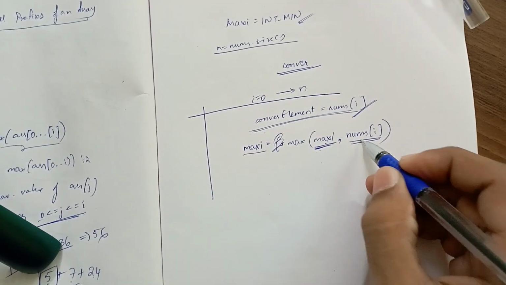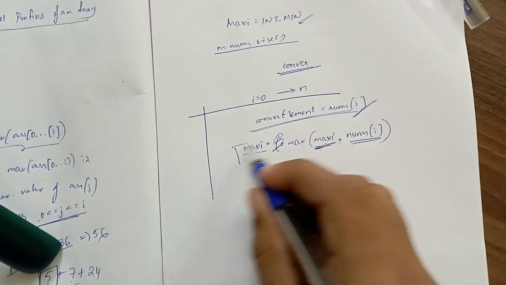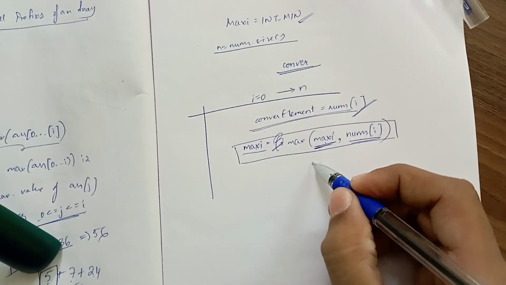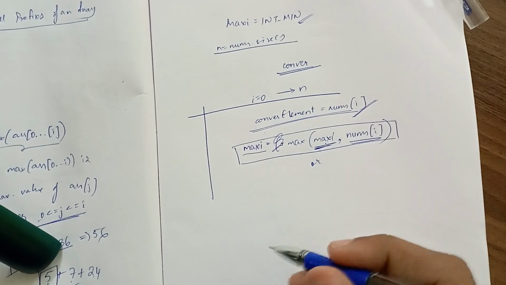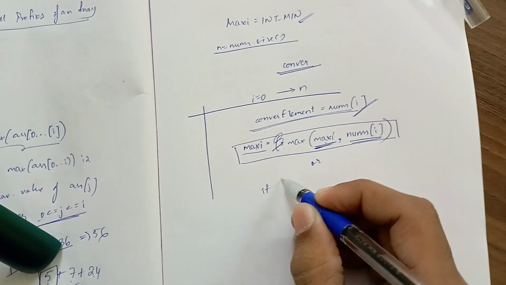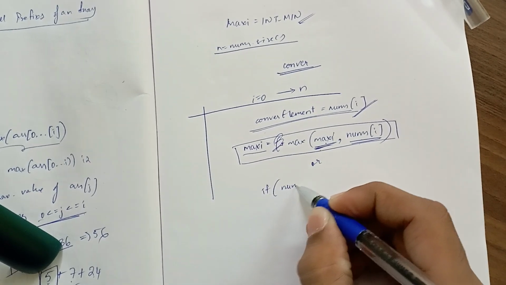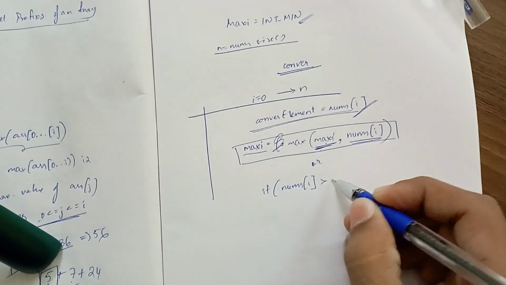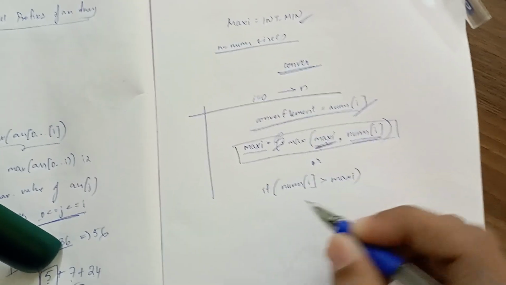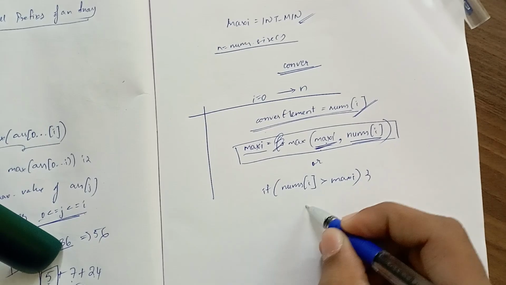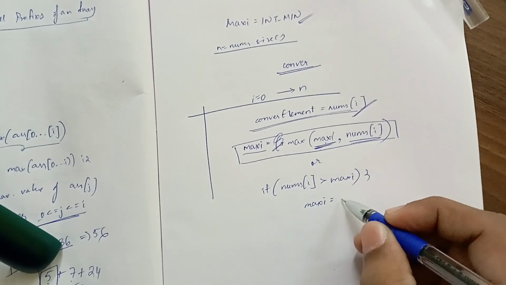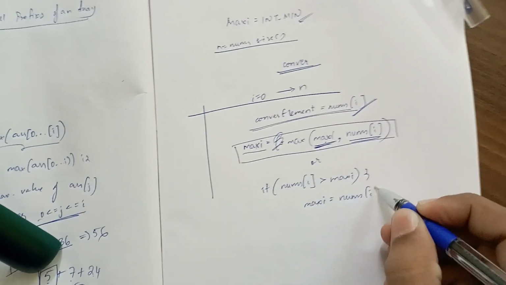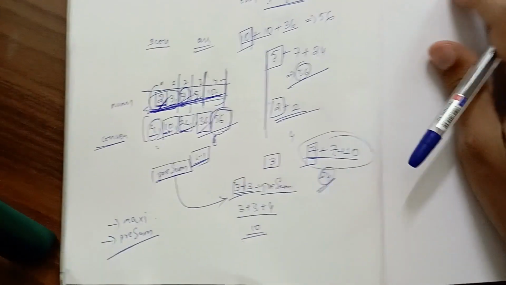Then the maxi will be changed to nums of I. If you want to make it clear, it will be or. If nums of I, the present element, is greater than the maximum element up to now, then we will change the maximum element to nums of I, as we did here.